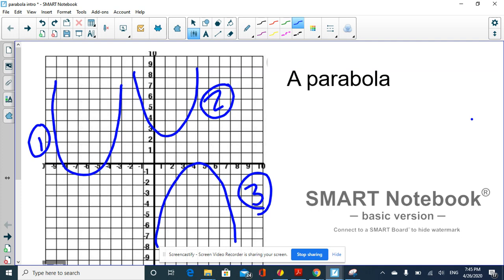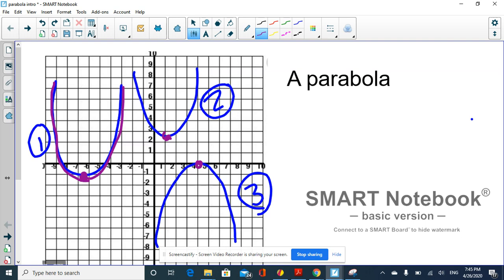Okay, if the parabola opens up, in each one we have a vertex. This is the vertex. In the first one, the graph goes down until it reaches this point, and then it goes up. This vertex is the minimum point in this case.